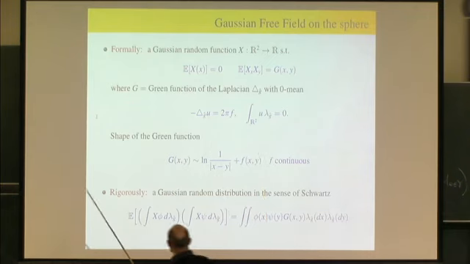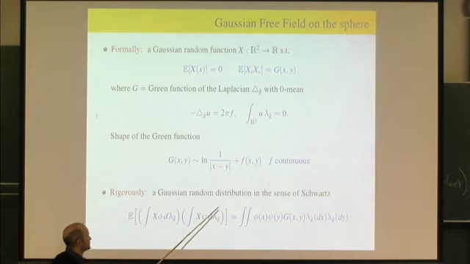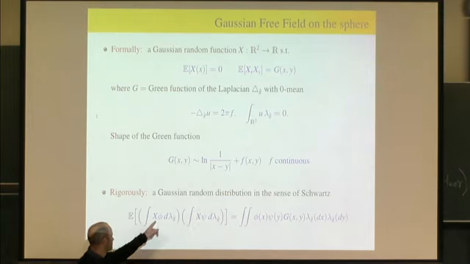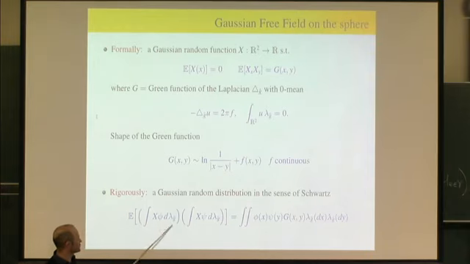So you have to work a bit, though actually not that much, and define this random function not as a function but as a distribution. You just act on test functions, and you want your distribution to have exactly this covariance kernel. These are the main properties of the Gaussian free field.